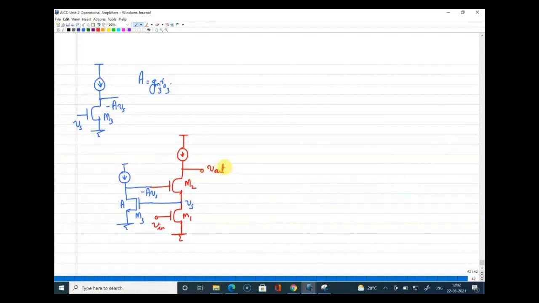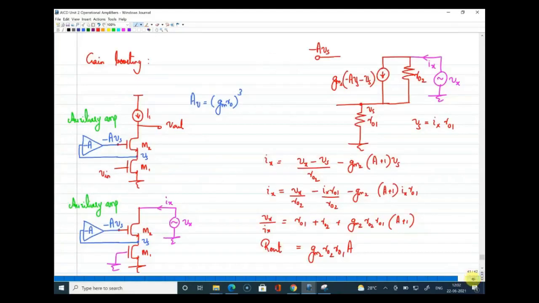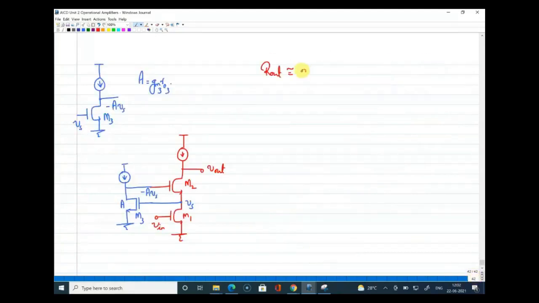Now, how will I write the gain expression for this? For this combined circuit, I know that the R out expression is approximately what I have obtained in the previous page, which is equal to Gm2 R02 R01 into A. What is A? A is Gm3 R03. So I can say that it is Gm2 R02 R01 into Gm3 R03.